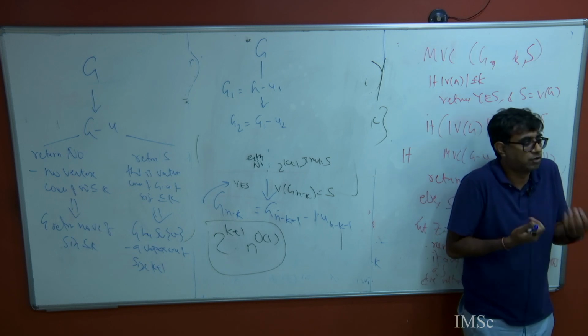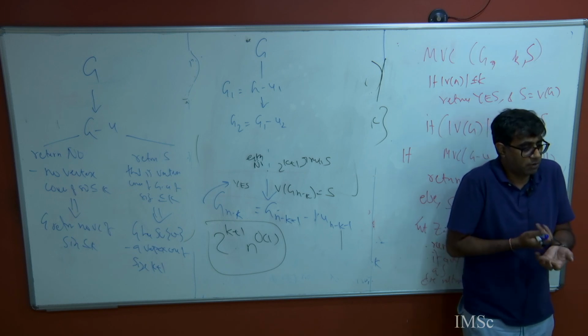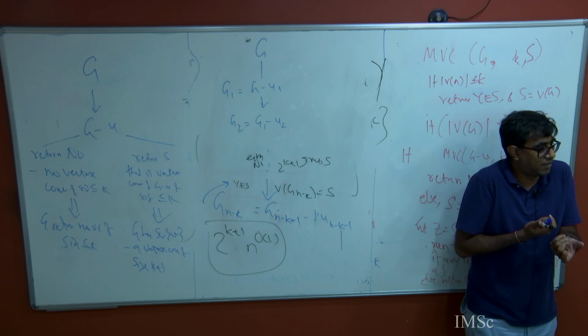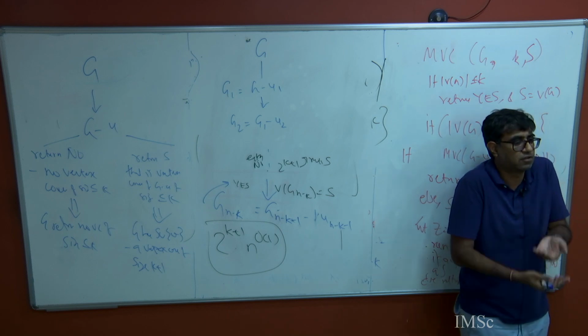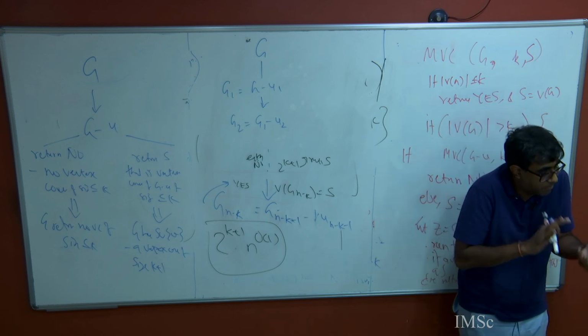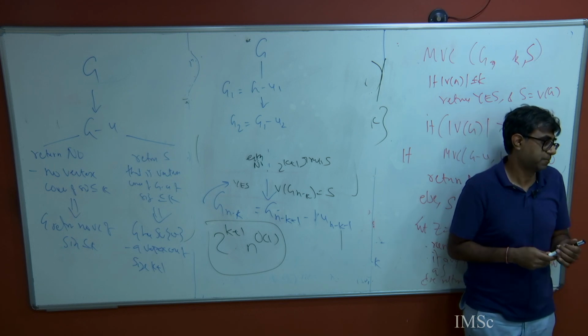So this is why this routine is called the compression routine. Why? Because given a solution of size k plus 1, you are trying to see if there is a solution of size k or not. So you are trying to compress a solution of size k plus 1.